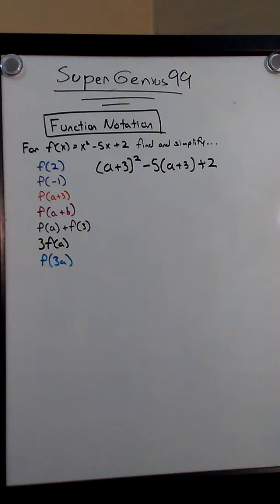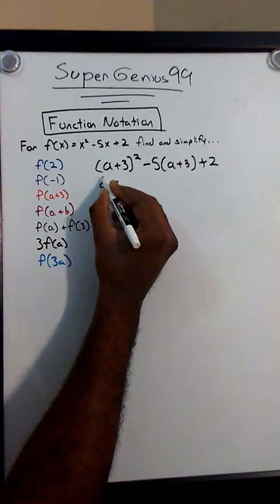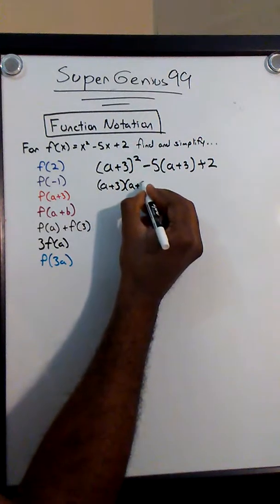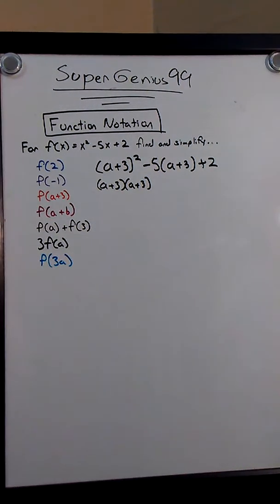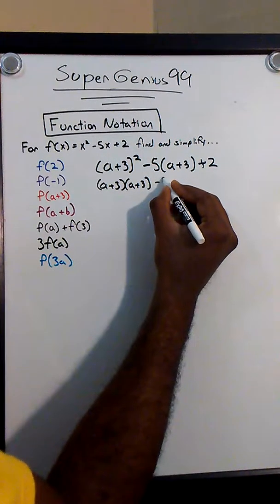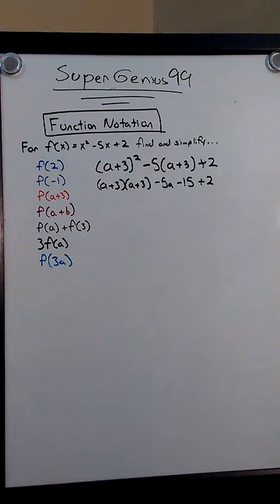So we have a plus 3 squared minus 5 times a plus 3 plus 2. So now we need to square the a plus 3. Distribute a negative 5. Okay, and then now we have a plus 3 times a plus 3, so what's that?